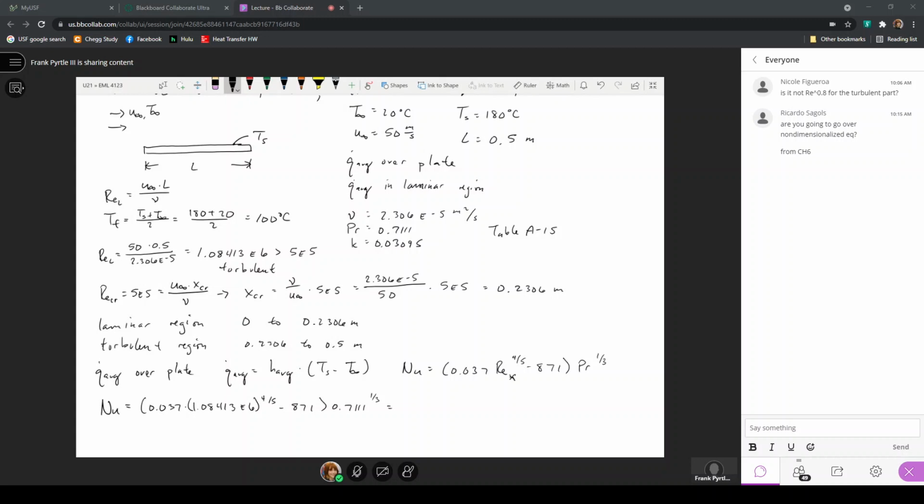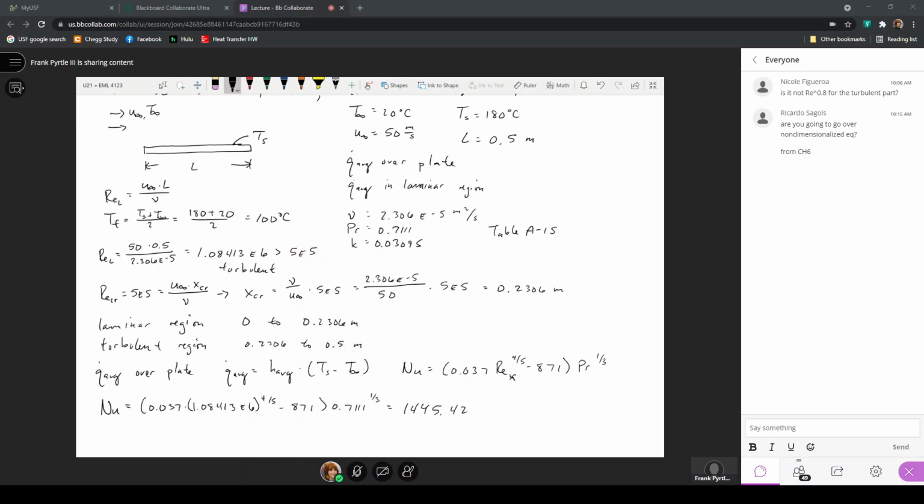All right, so I get here 1,445.42 as the Nusselt number for the plate that would allow us to calculate the average heat transfer coefficient.